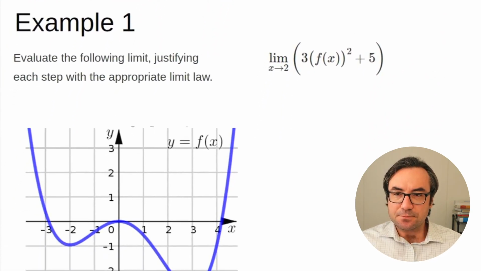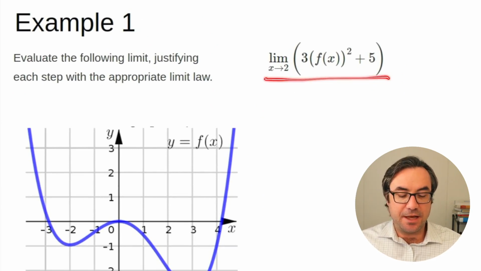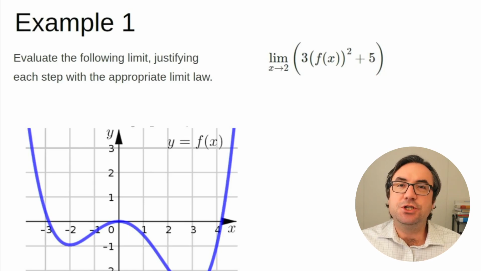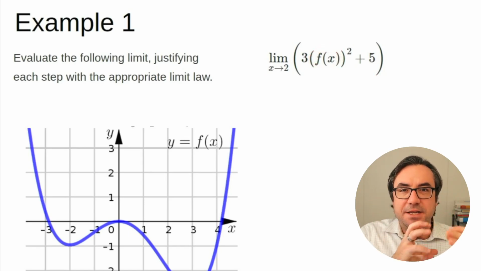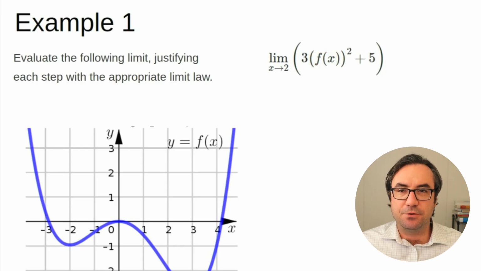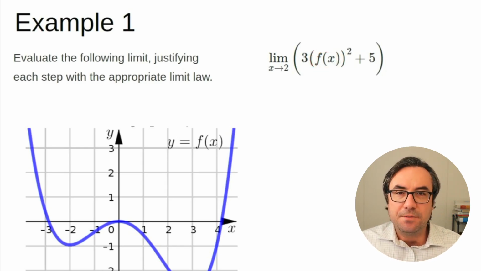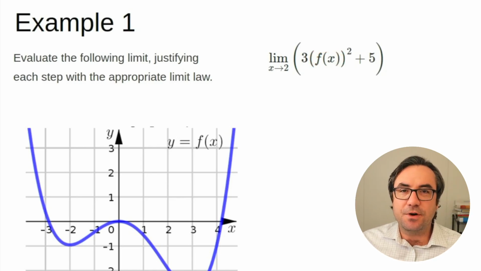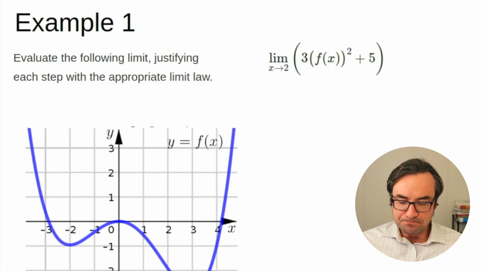Example 1. So we're going to evaluate this limit, and we're going to justify each step using our limit laws. And we have this function f of x buried inside this whole expression. So we're going to use the limit laws to basically unravel and drill through the function here until we get down to bedrock, f of x.